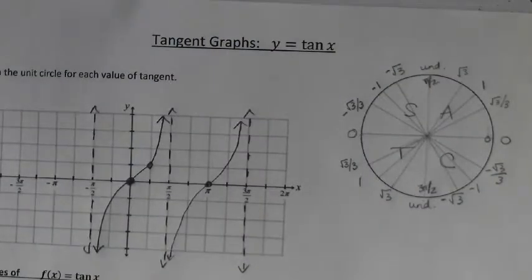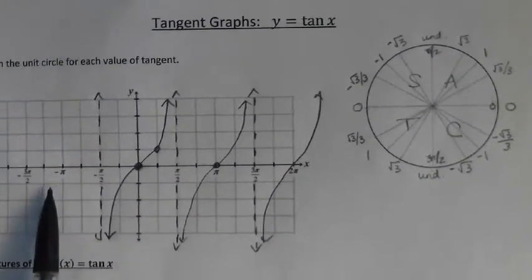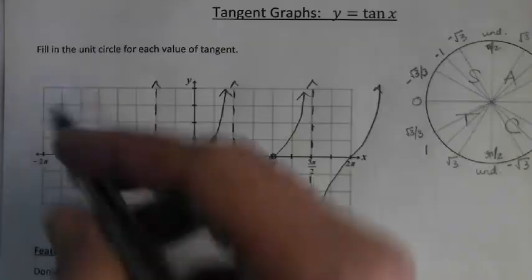And this pattern just repeats, repeats, repeats. So it would be the same over here. And where would our next asymptote be? Right.